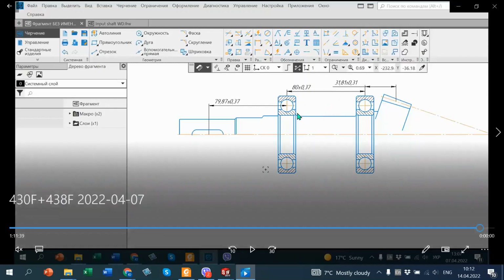And after that we know these distances, we can calculate bearings.